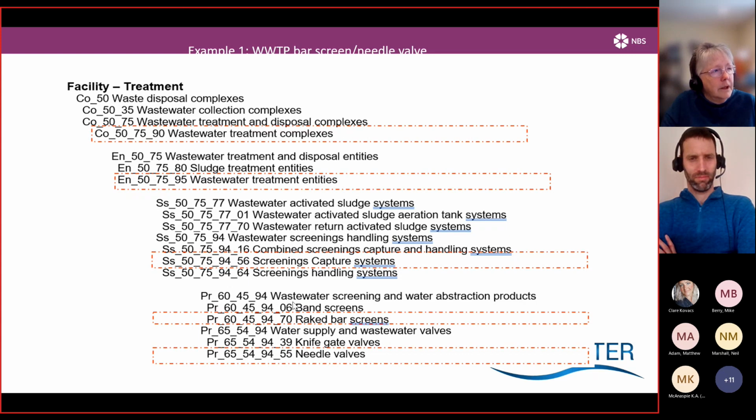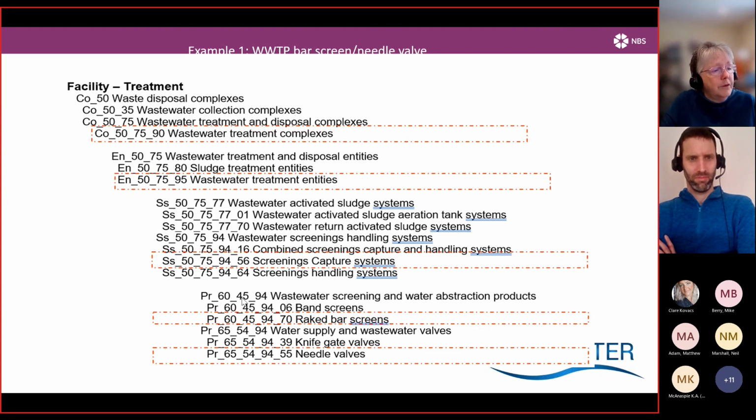You'll find in these tables the complexes, entities and spaces only ever go to 3 pairs of numbers because we haven't needed to go to a lower level of granularity.